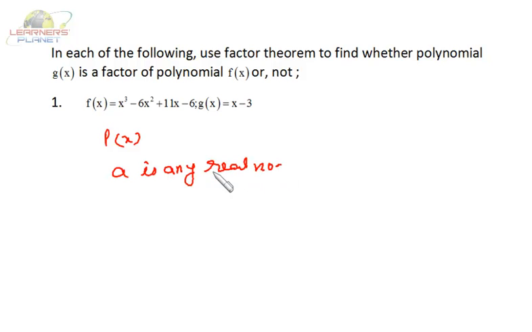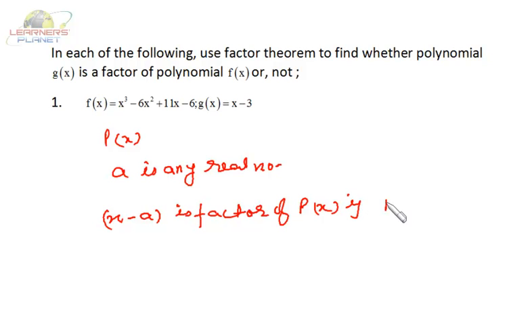Now x minus a is a factor of px if pa is 0. So if I put the value of x as a, and I get the solution as 0, that means x minus a will be a factor of px.